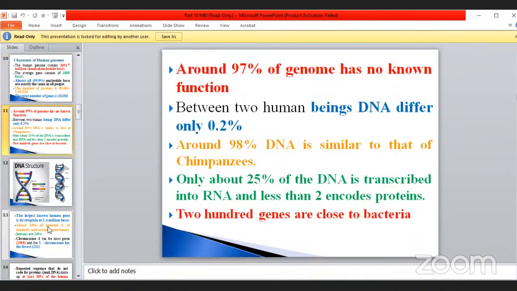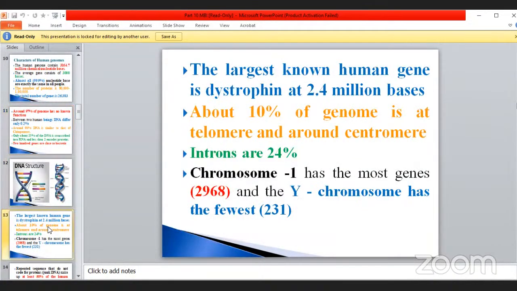Around 95% of the genome has no known function. Between two human beings, how much percentage is similar or different? Around 98% of DNA is similar to that of the chimpanzee. 25% of the DNA is transcribed into RNA, and less than 2% encodes protein. 200 genes are close to those of bacteria. This is also very, very important.